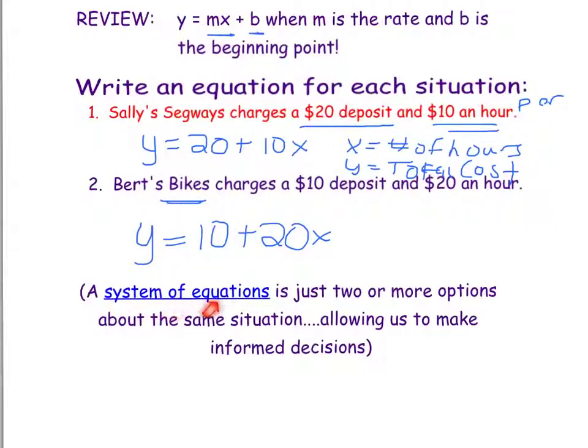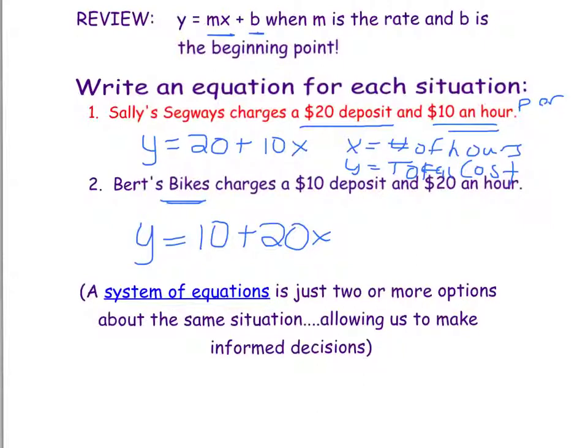This is what we can call a system of equations. And you don't have to write this down at this time. I just want you to know a system of equations is just two or more options about the same situation. And it allows us to make informed decisions. Sometimes we actually know what the situation is, like in this case, we're trying to figure out what would be the cheapest way to travel. Sometimes we don't. They just give us the equations.